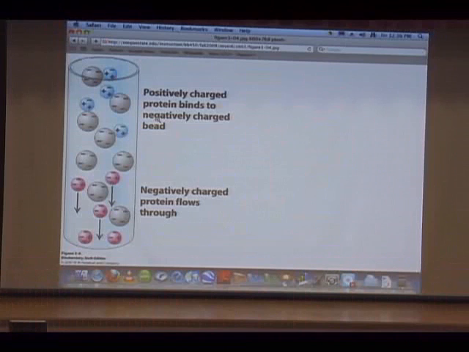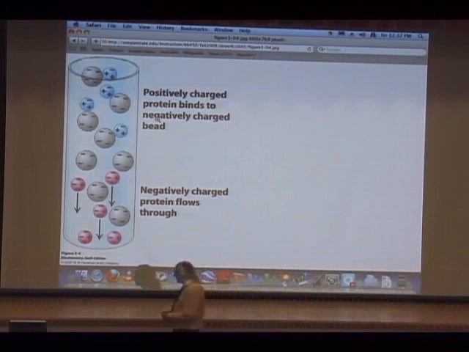The protein is replacing that sodium, so it's cation exchange. A cation exchange column will bind to positively charged ions and push negatively charged ions through. So the positives will come through last, the negatives will come through first.